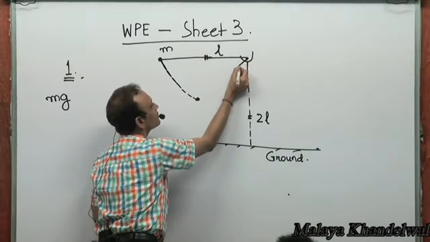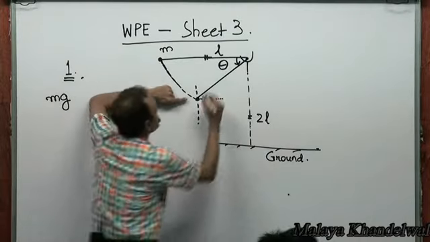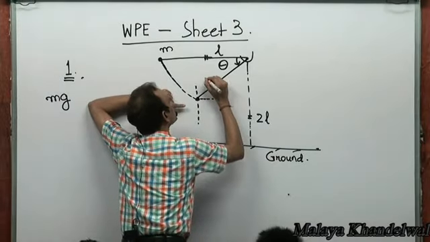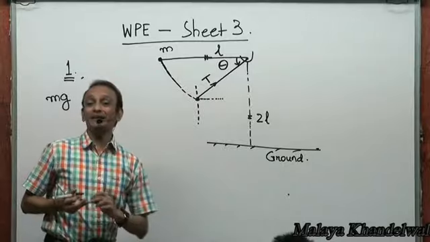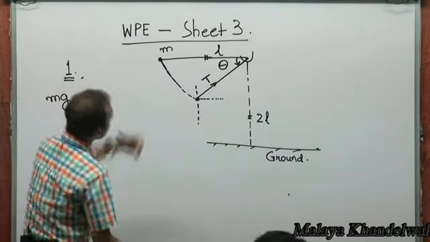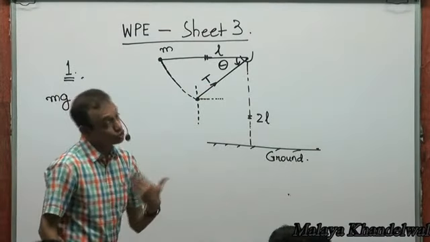This is the vertical position. This is the horizontal position. At this instant, the tension in the string is T, and this is the point where the string breaks, the snapping position. T becomes equal to 2mg.